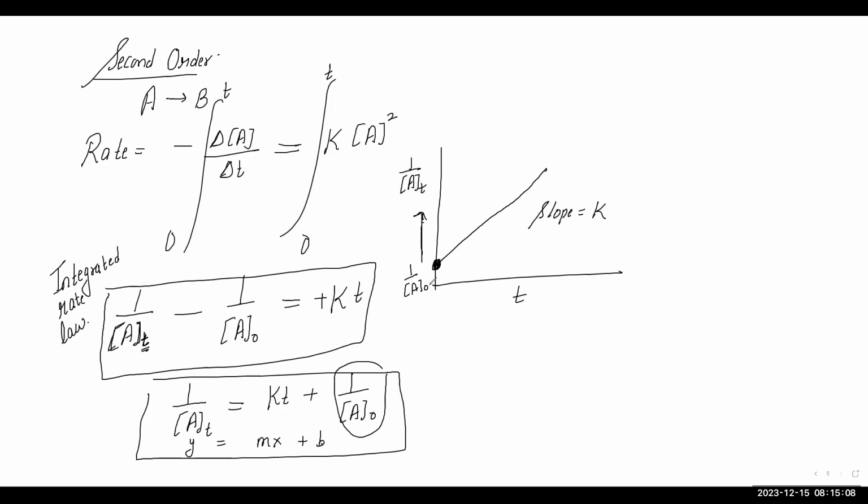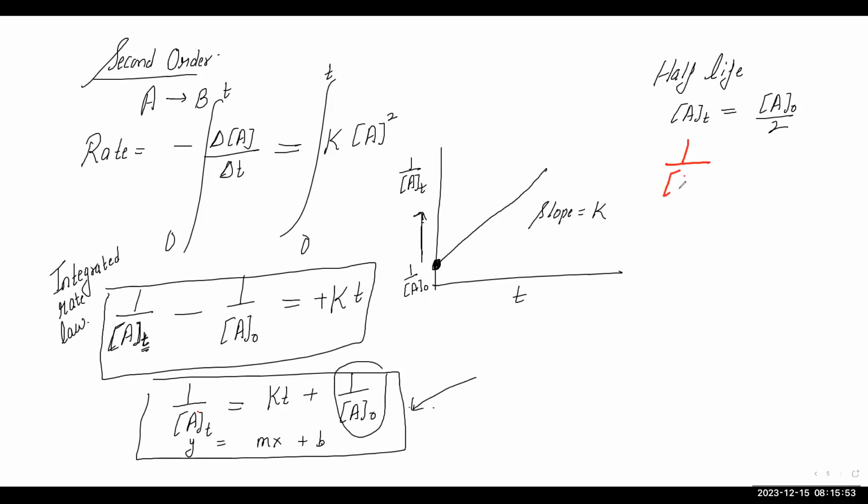The first order, zero order, and second order integrated rate laws are part of your learning, meaning there will be questions based on that. What's the half-life? Let's work out the half-life for second order kinetics. What you have to do is replace the concentration of A after half-life with A naught over 2 in this equation. Just do that and you'll get the half-life.